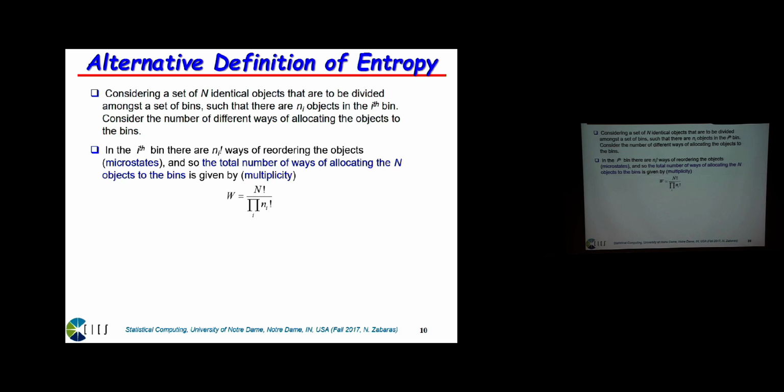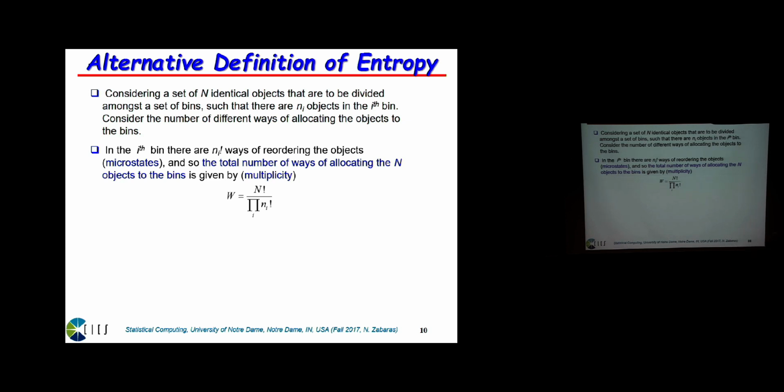So let's say that we have n identical objects, let's say spheres, and we are going to place them in different bins, and in the i-th bin we're going to place n_i objects, n_i spheres. Now you can think that the way you place them, you really count which one you place first, second, third, fourth.